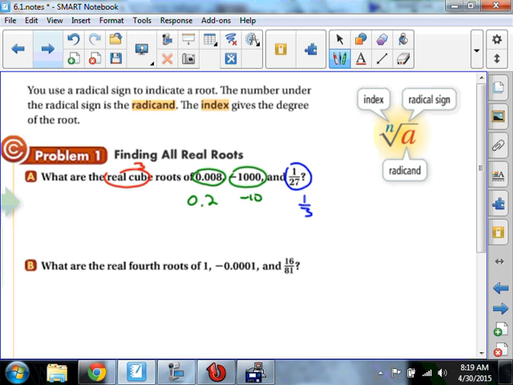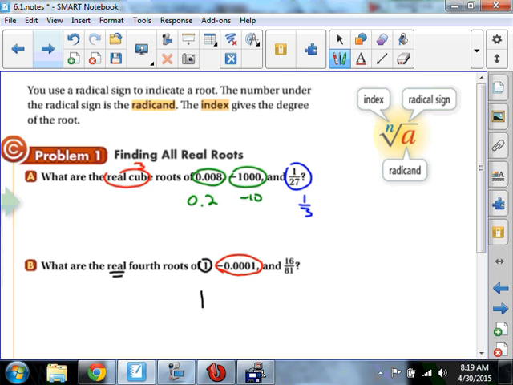Okay. Real fourth roots. Let's start with 1. What's the real fourth root of 1? 1. Good. What's the real fourth root of negative 0.0001?